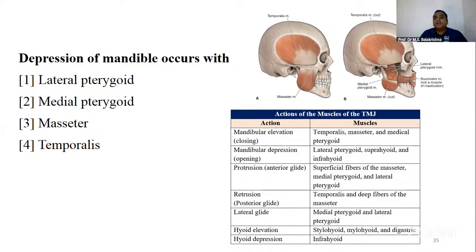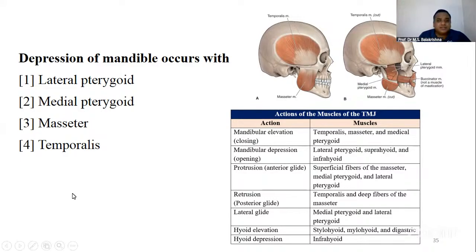So depression of the mandible occurs with the lateral pterygoid. You can learn this whole chart. Mandibular elevation, closing the mouth, is by MTM: medial pterygoid, masseter, temporalis.